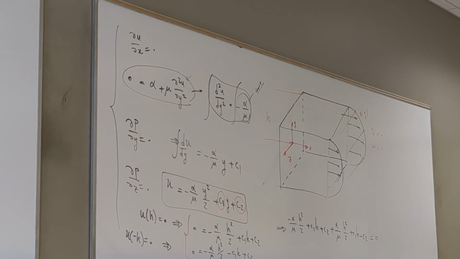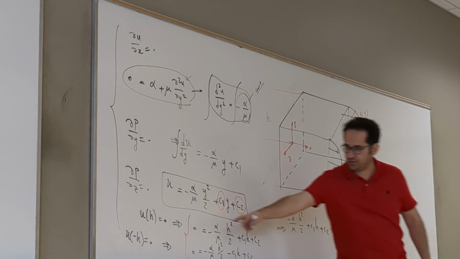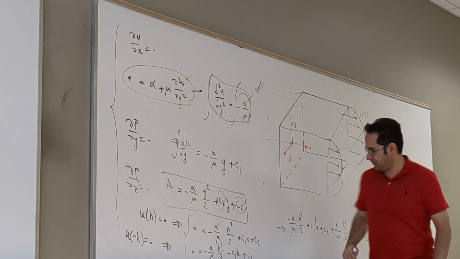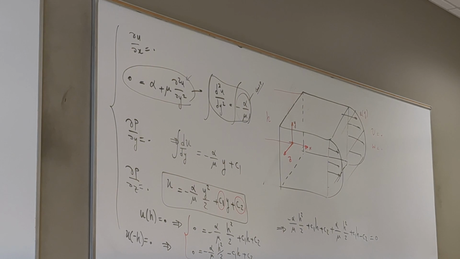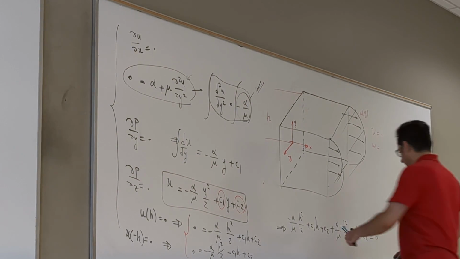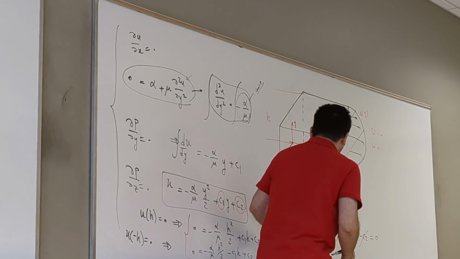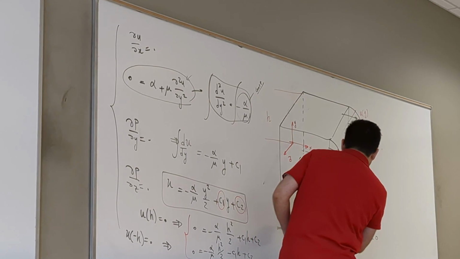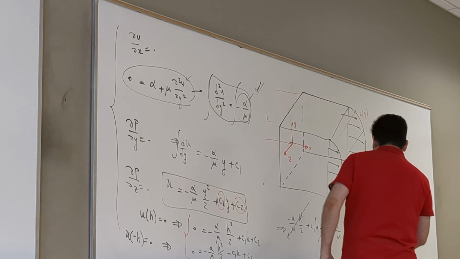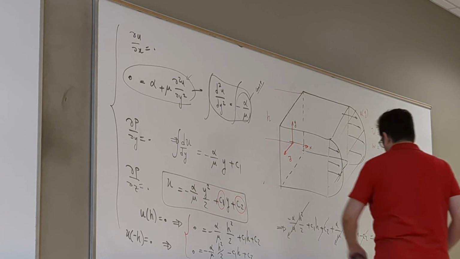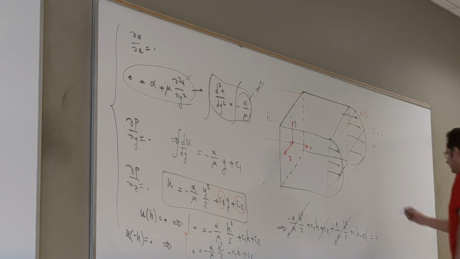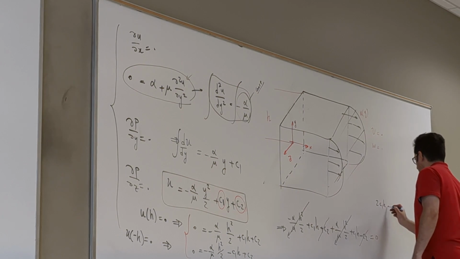Just subtract both sides of them. So 0 minus 0, this minus this. It should be equal to one equation. So this cancels out, C2 and negative C2 cancel out, and then you get what? You get 2 C1 H is equal to 0.